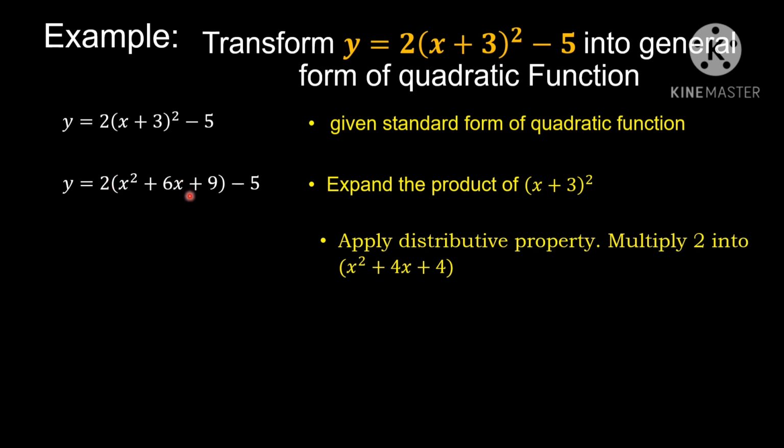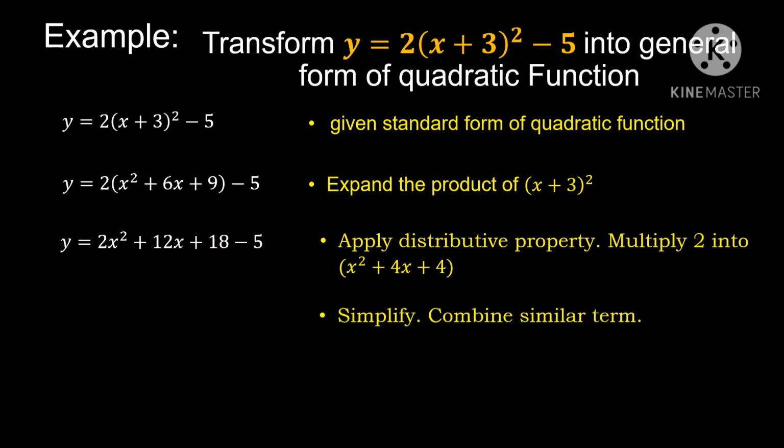So, we call that as distributive property. If we do that, the result is y equals 2x squared plus 12x plus 18 minus 5. Then we have to combine 18 minus 5. Okay? So, simplify by combining similar terms. So, we have now y equals 2x squared plus 12x plus 13.